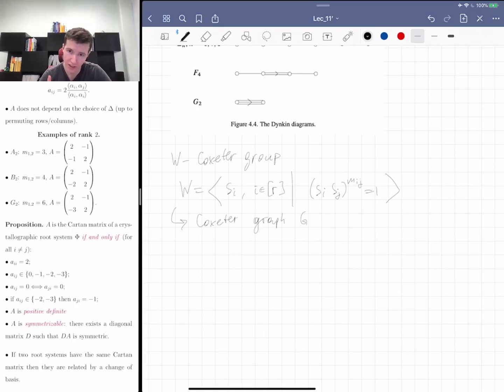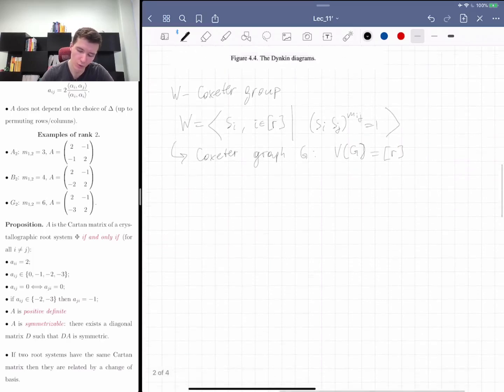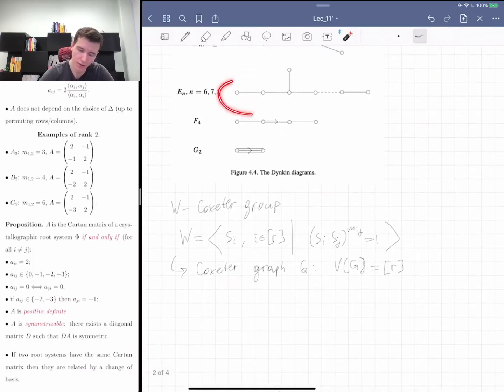So it's going to be slightly different than the Dynkin diagram. The vertex set is still going to be your set of simple reflections, just integers from 1 up to r. And by the way, we don't label the vertices of our Dynkin diagram because you can permute your simple roots, and then the labels are going to get permuted, but the graph is going to stay the same.